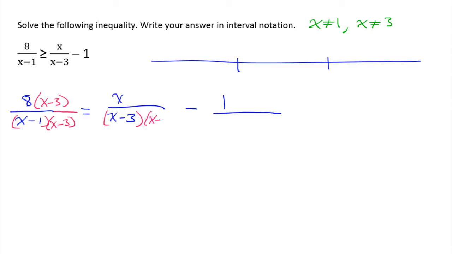So I can make them the same if I multiply by x minus 1 in the denominator and also the numerator. The final fraction has no denominator at all right now. Technically, I could think of it as a 1. But anyway, I can make this denominator the same as the others by putting in both of these factors, x minus 3 and x minus 1.